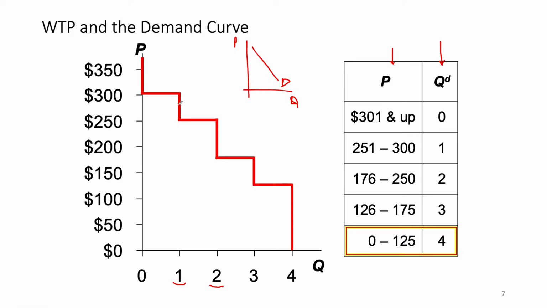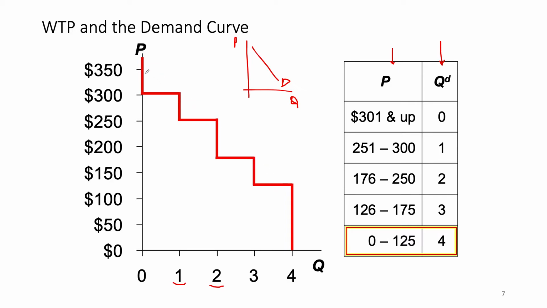Now, when we look at this, we get a step function, right? It looks as if there are places where the demand stays constant over a certain price range. This is because there are only 4 consumers. In a typical market, there are going to be millions of consumers, so you're not going to get a stepwise function.